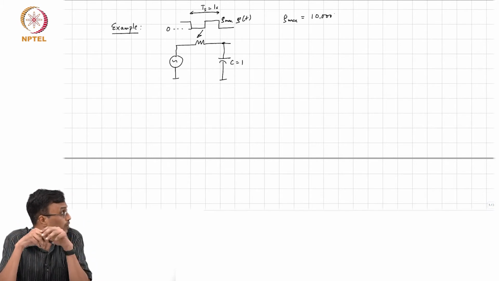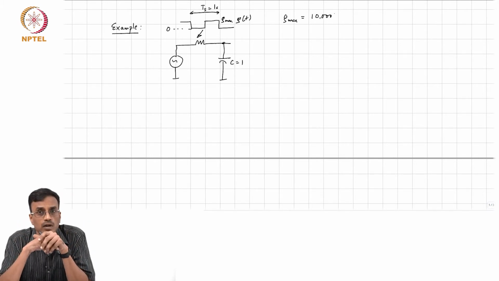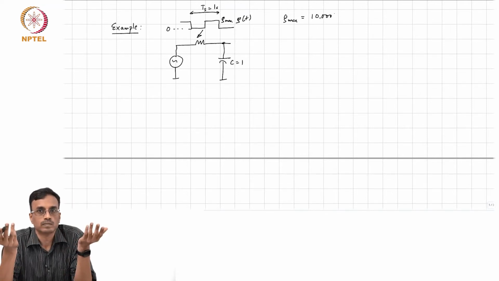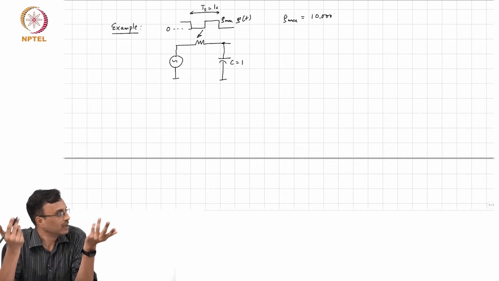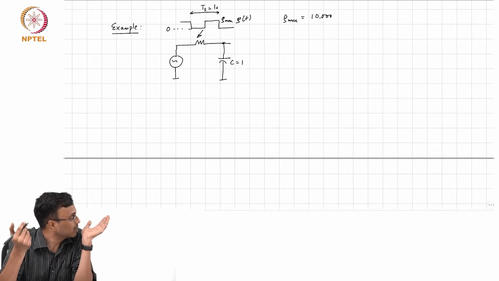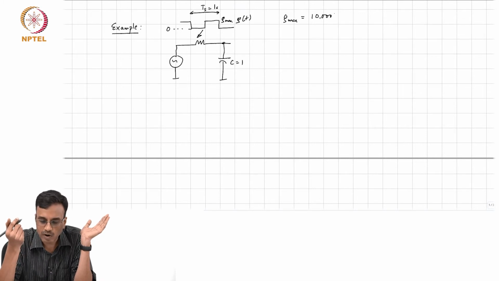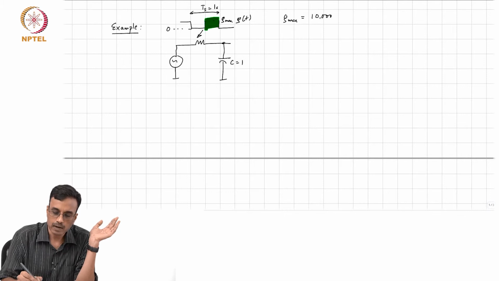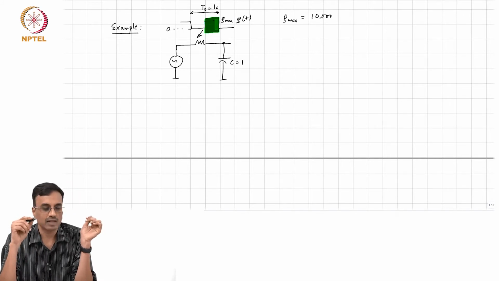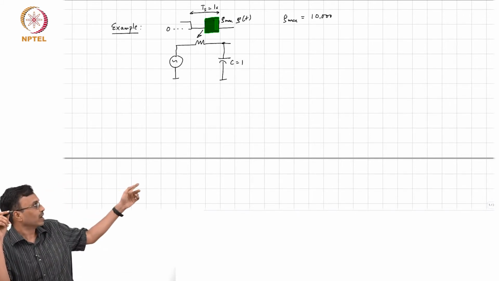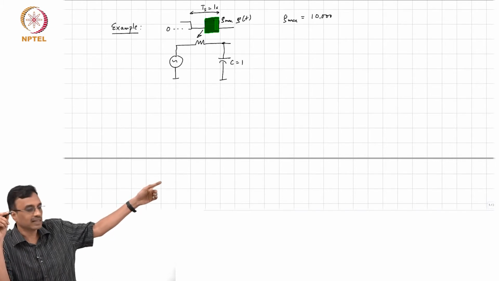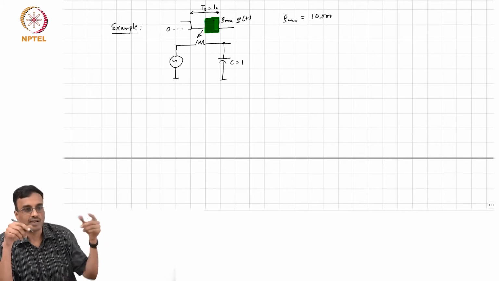Okay. So, for all practical purposes, what is this equivalent to? It's not strictly a sample and hold. It's what is called a track and hold, because during this period, when the conductance is very large, remember that the conductance is say 10,000 and C is 1.